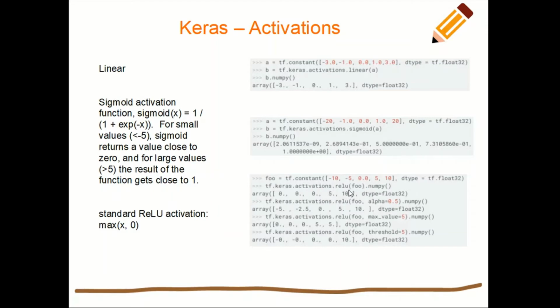What is happening in the case of rectified linear units? These are the negative values, right? So they are becoming zeros. This 0 remains 0 and the positive values remain as they are. Okay, and we also have some more control over it. So for example, if you give alpha as 0.5, the negative values are going to be reduced by a certain factor, rather than directly reducing them to 0.